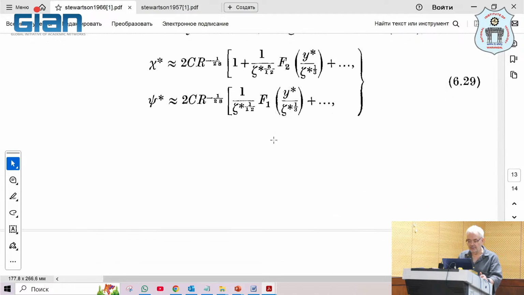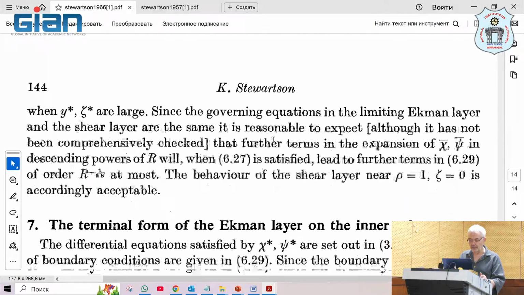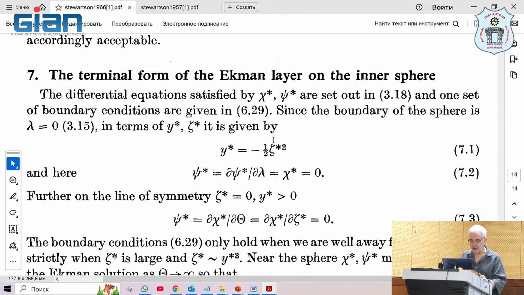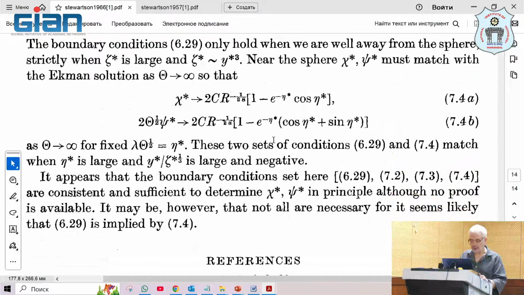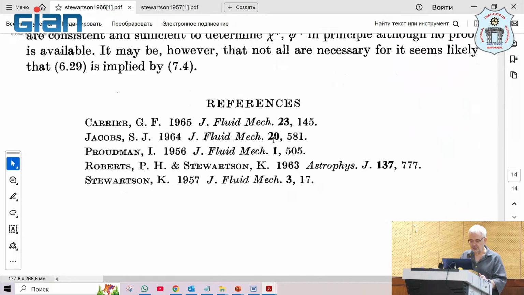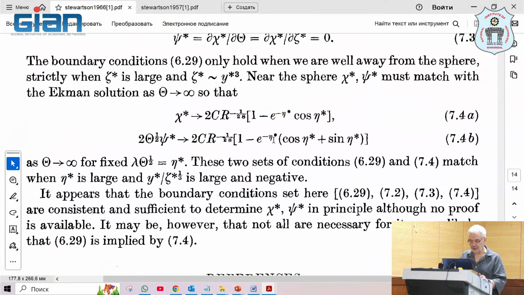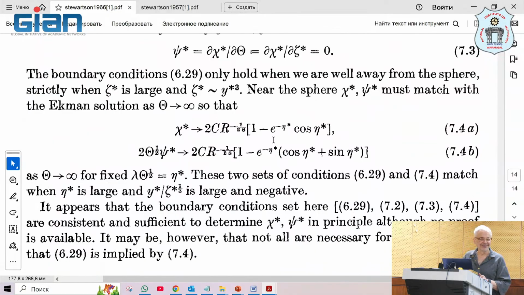So it's a big advance, and it could be quite interesting to repeat it on the computer and compare this asymptotic solution and the computer solution. So maybe if you succeed in understanding this article, you could regard yourself as a true scientist.